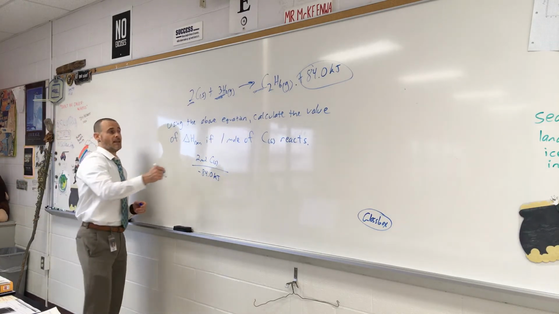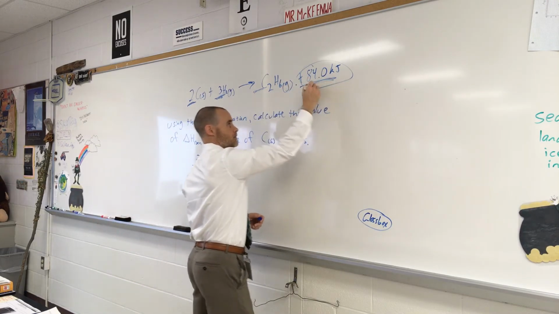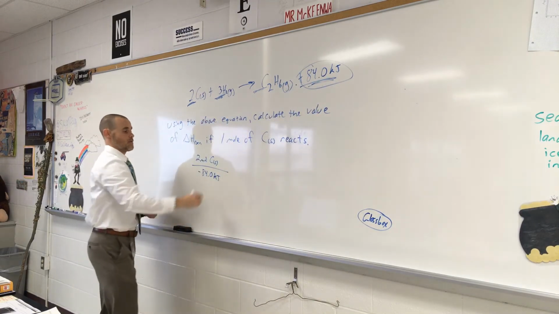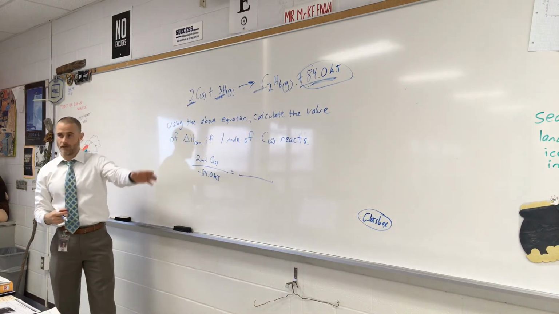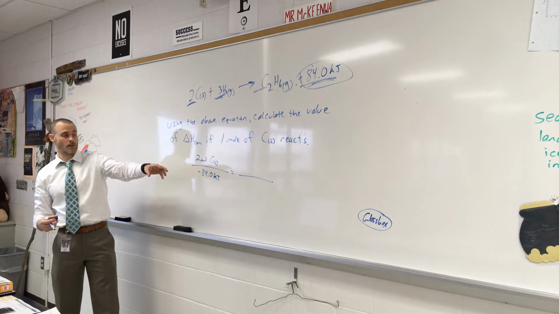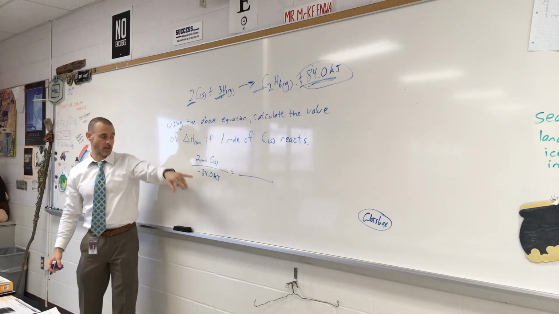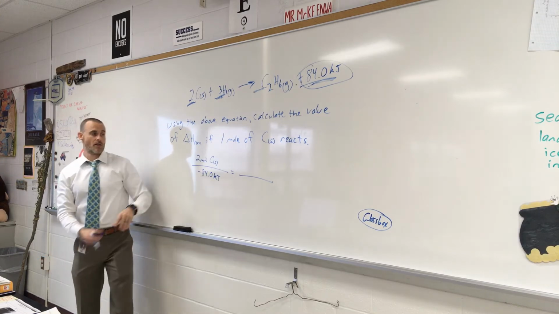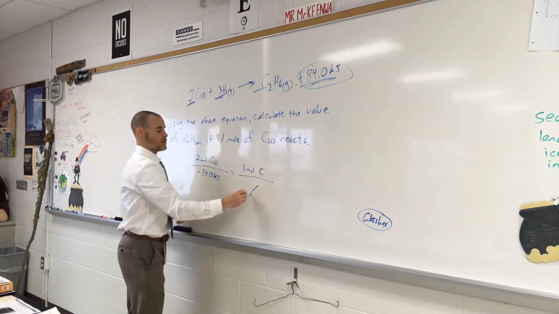So what I'm taking is 2 moles is to 84 kilojoules equals, so we're going to fill in the proportion here. If 2 moles of carbon produce 84 kilojoules, then 1 mole of carbon produces X.